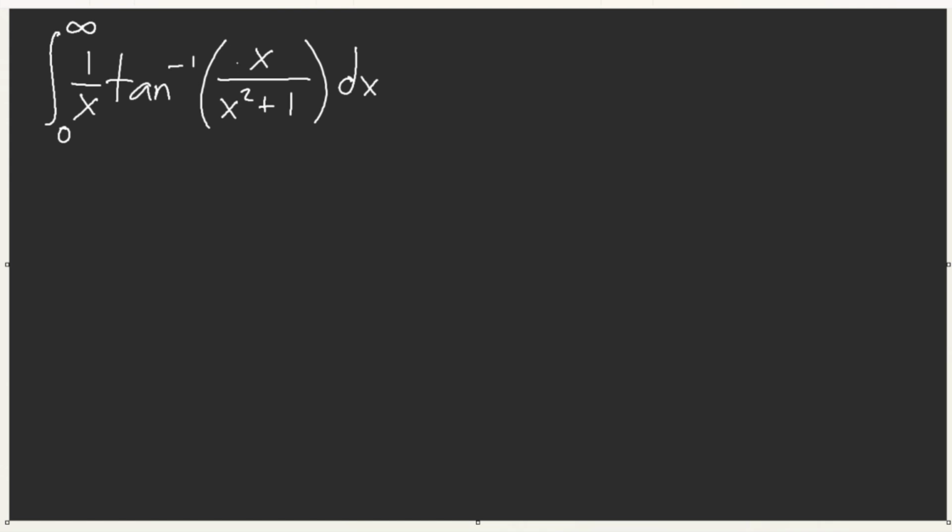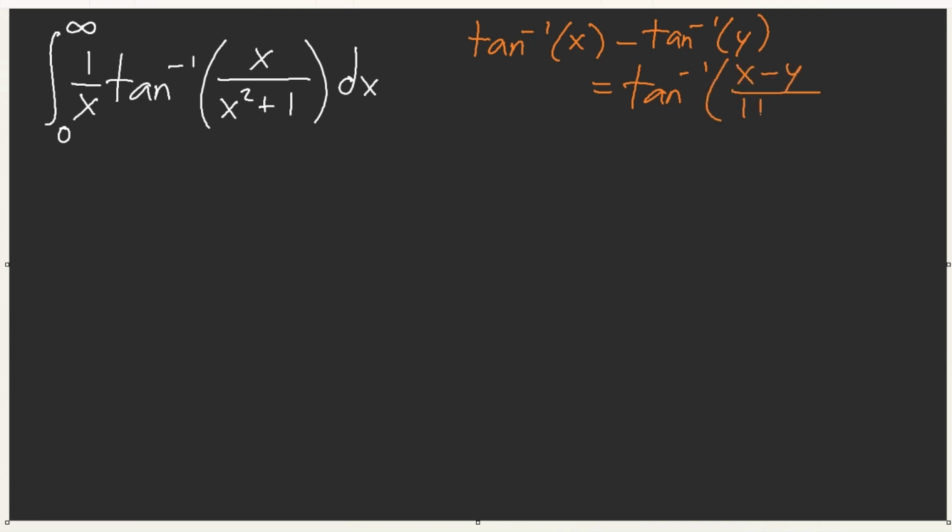The reason we're able to do it with this function is that inverse tangent has a property we all know: inverse tangent of x minus inverse tangent of y is equal to the inverse tangent of (x minus y) all over (1 plus xy).